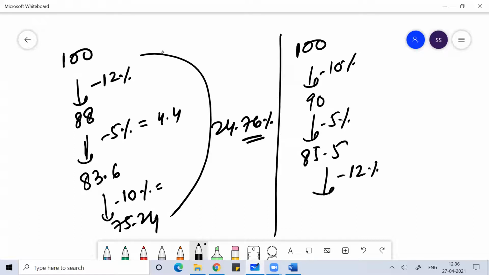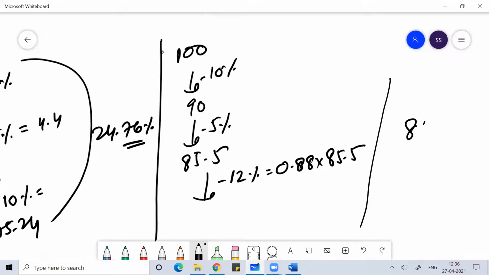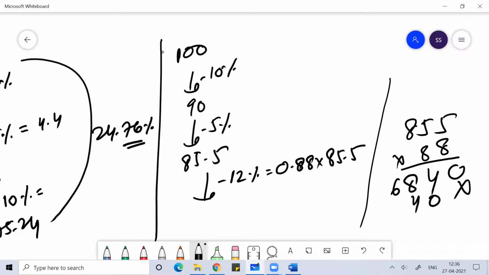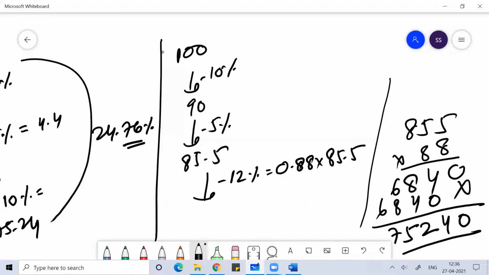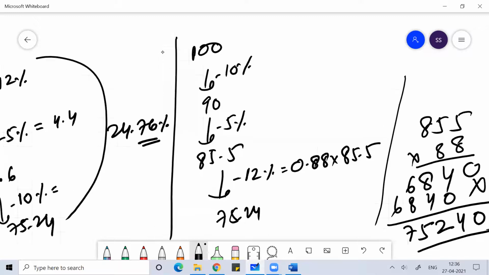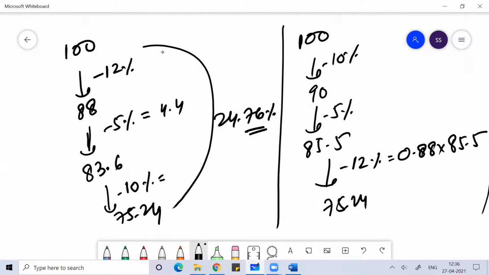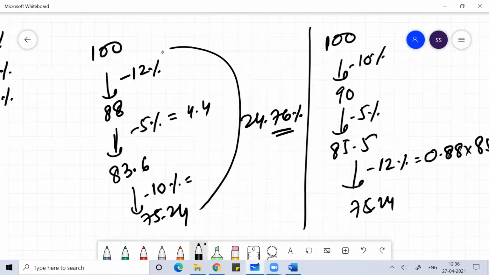Then minus 12%: you deduct 12%, so 88% is left. 85.5 times 0.88 gives 75.24. So whatever manner you do, you'll get the same result. The order doesn't matter here.